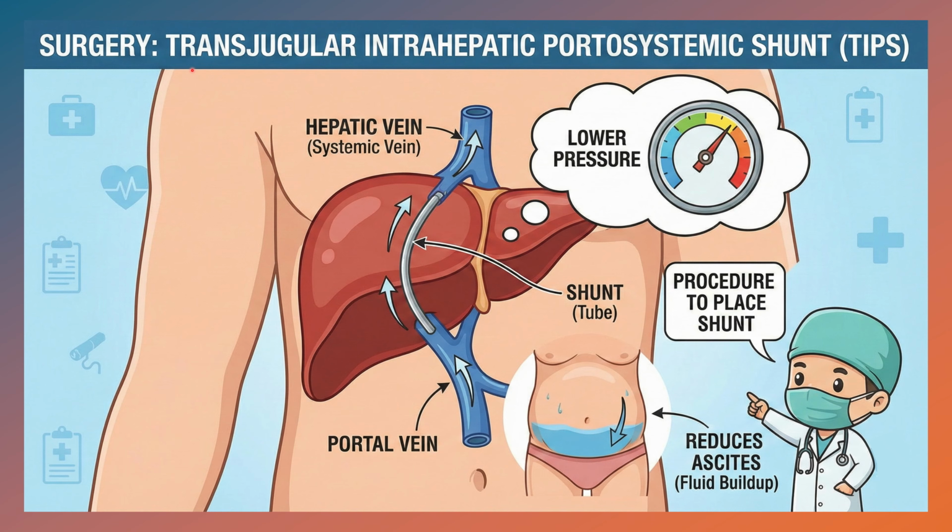Surgical procedure to place a shunt, a tube, between the portal and systemic veins to reduce pressure and fluid buildup. So the fluid build-up is the ascites. And this shunt between portal and hepatic veins to lower portal pressure.